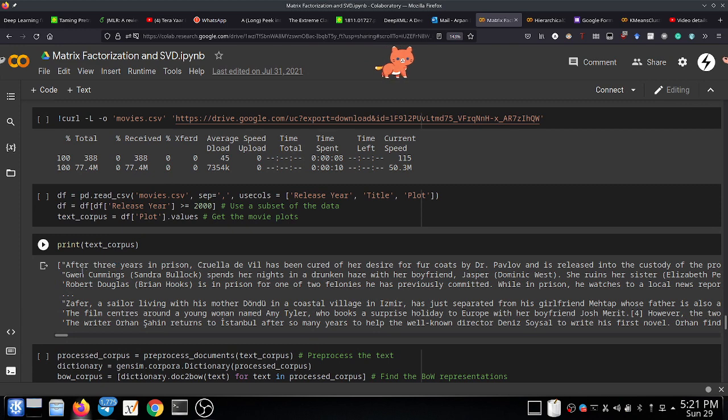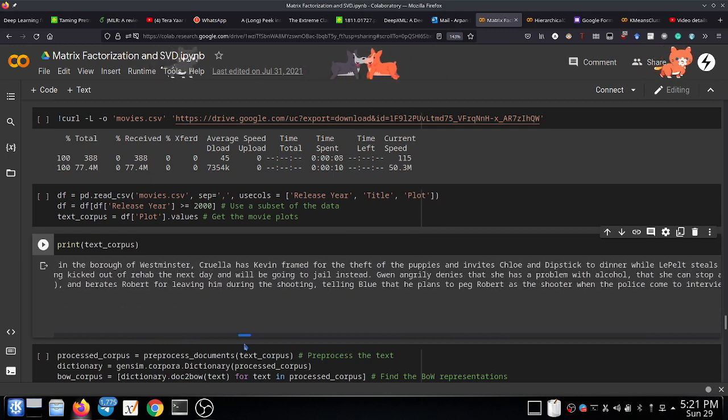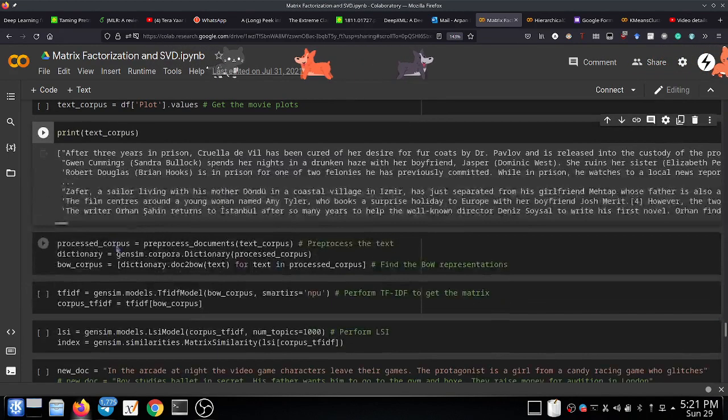We will see that this kind of text corpus has movie summaries. We pre-process the text and find the bag of words representations.